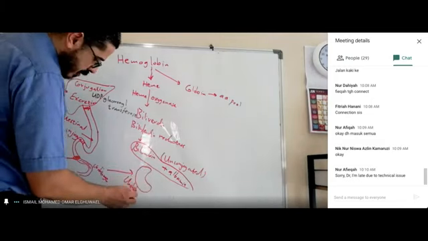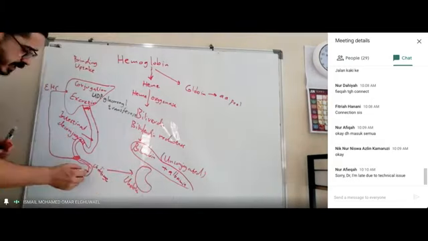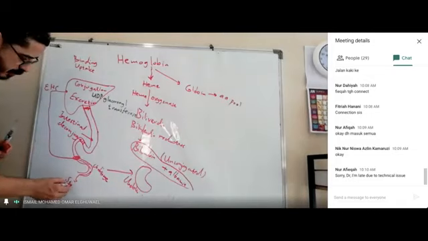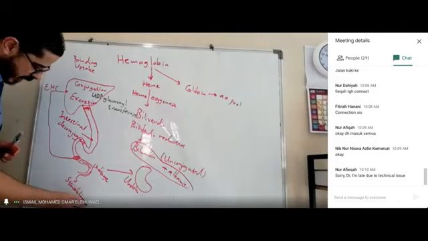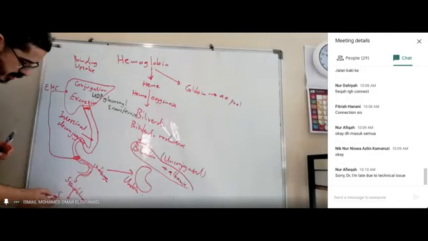The part which does not go to the kidney goes down and becomes stercobilinogen, and this becomes stercobilin in stool.